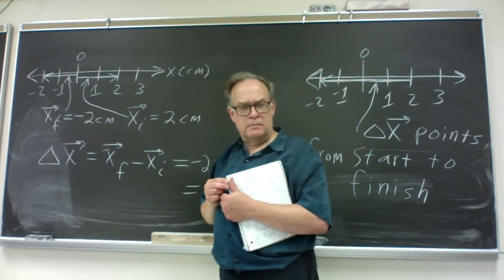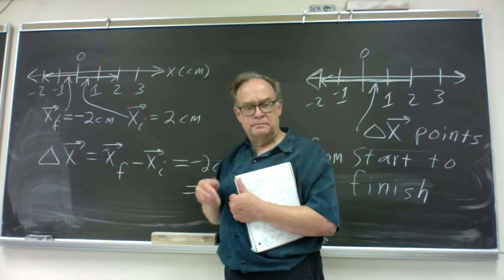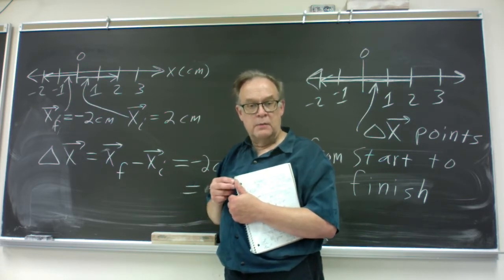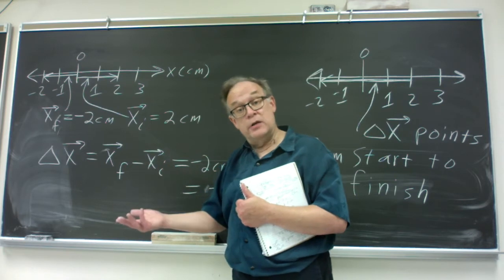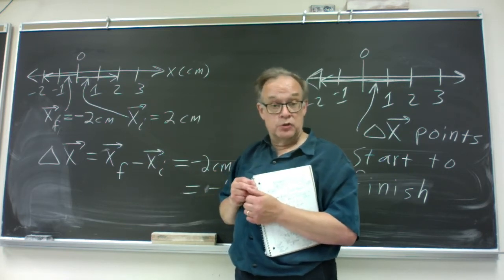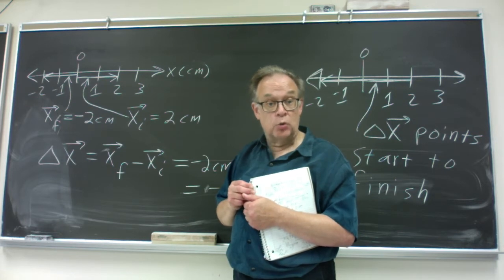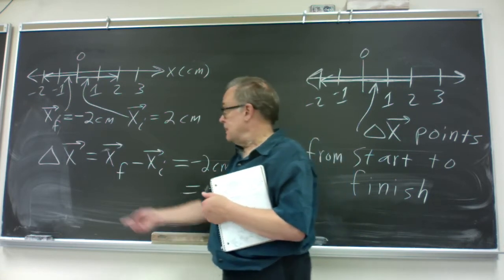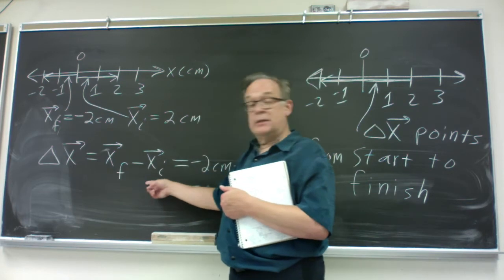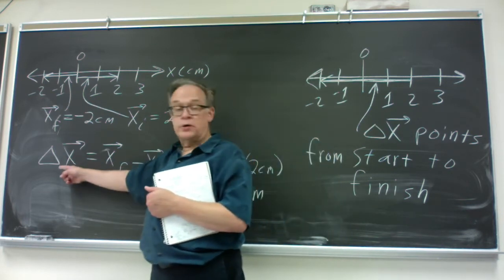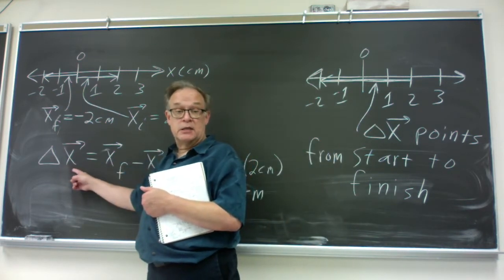So that's location, a vector quantity, but we're talking about motion, change in location, and the first quantity that we use when thinking about a change in location is displacement. We write displacement like this. Shorthand for displacement is delta x.